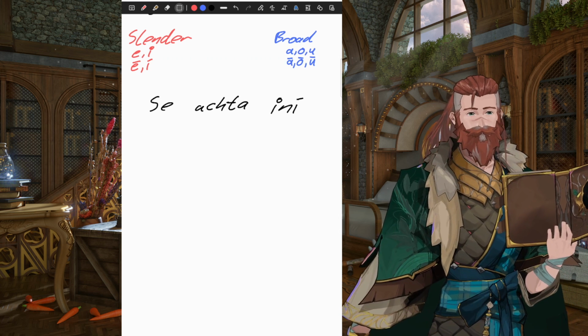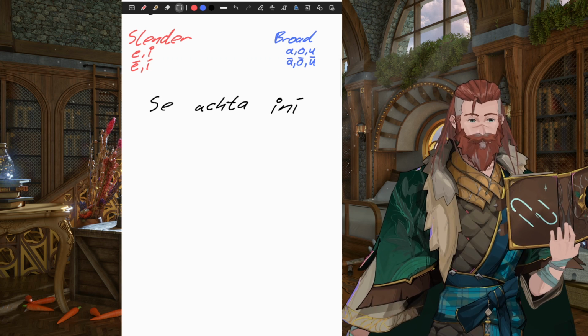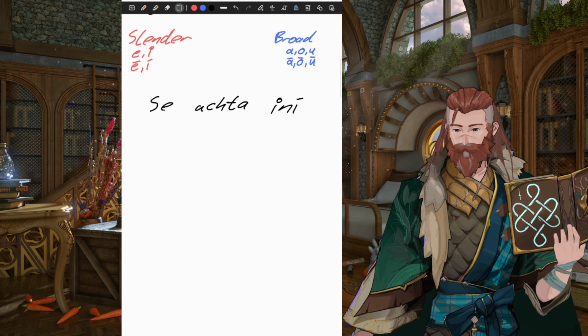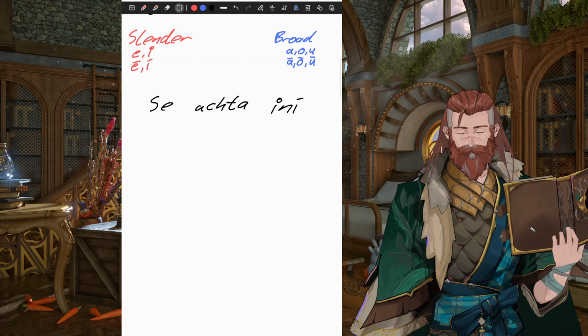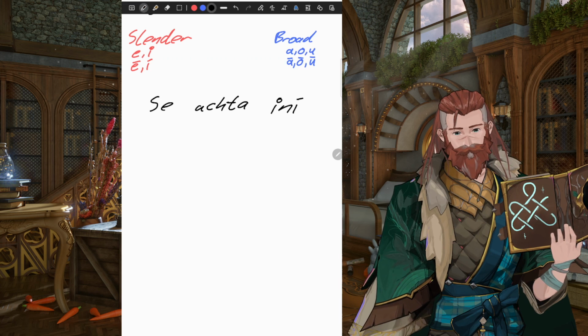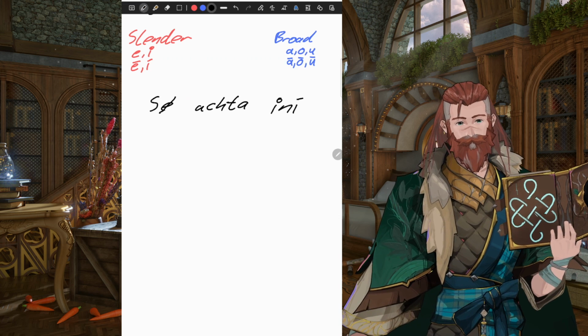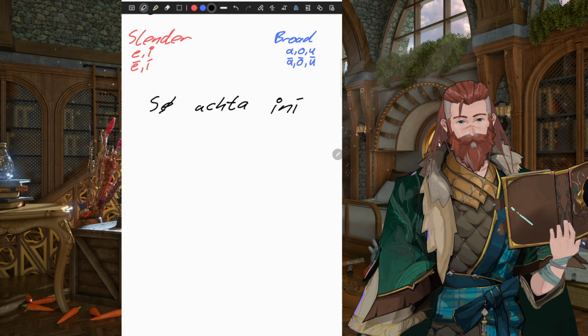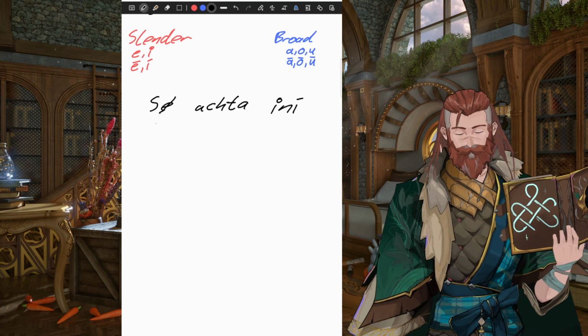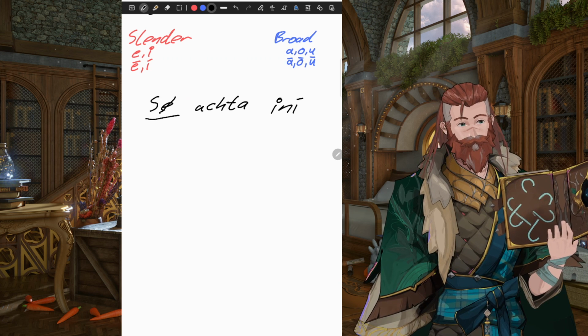So vowels won't always be pronounced. If I remember right, in this context, the E in this first section is ignored. It's only there to inform that this S is going to be slender.